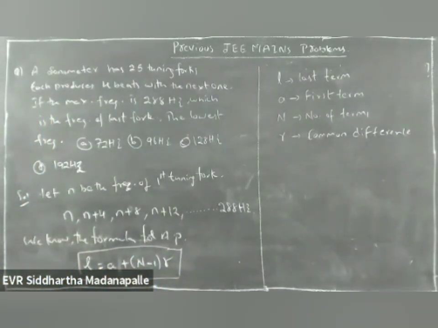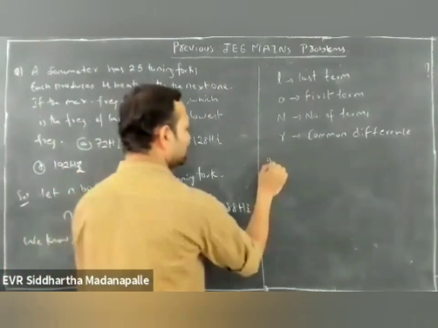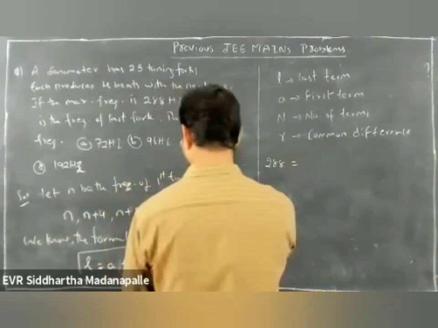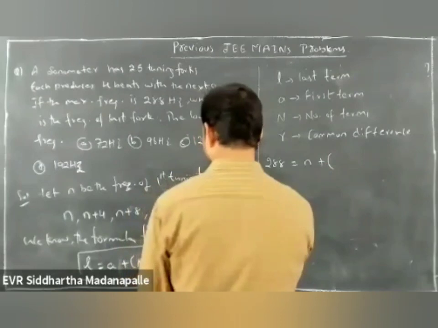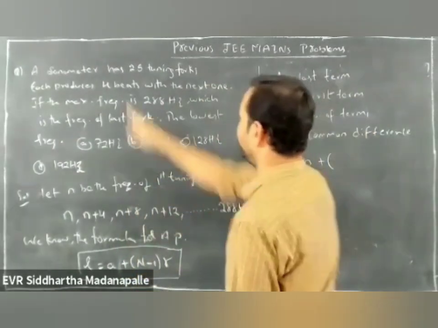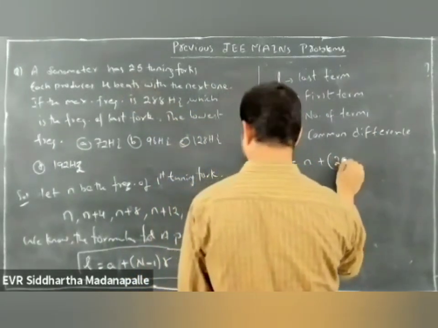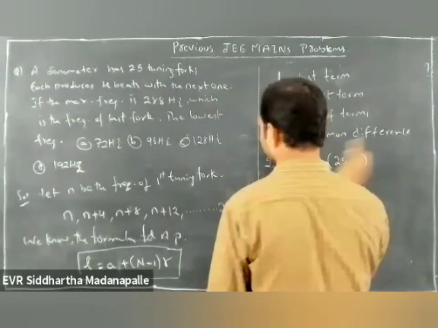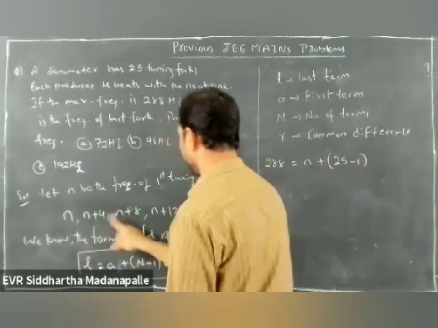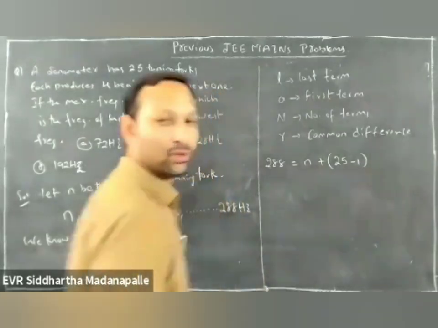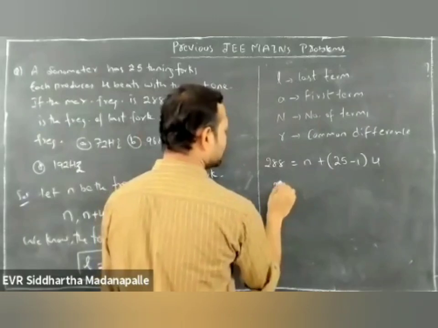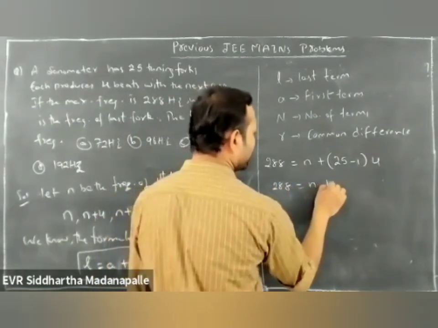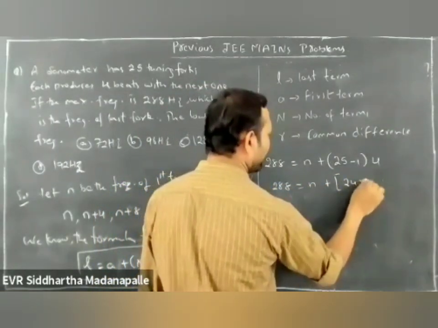Okay, now substituting all these terms. Last term, the frequency, 288, is equal to first term frequency n, which we don't know, plus capital N indicates number of terms. N is 25. So 25 minus 1 into the common difference, and the common difference between the first and second, third and fourth is 4. So 288 is equal to n plus 24 into 4.